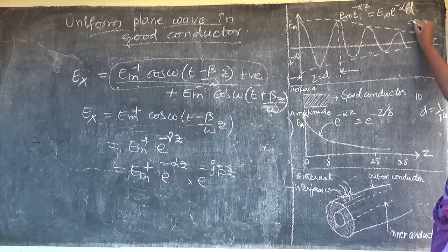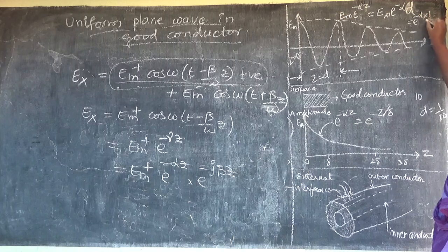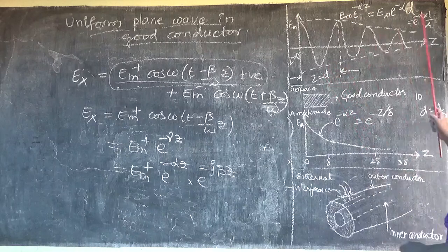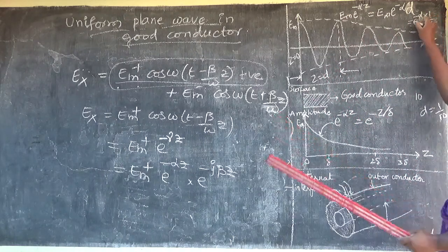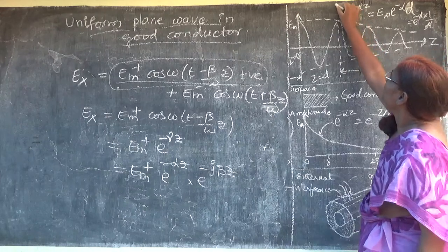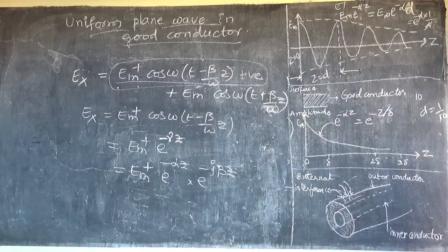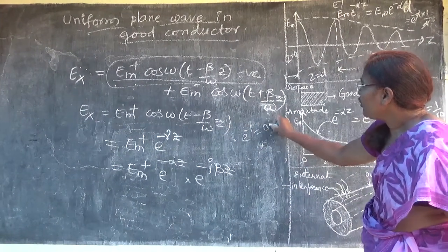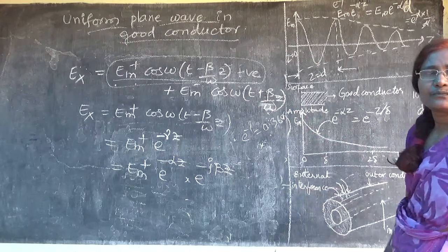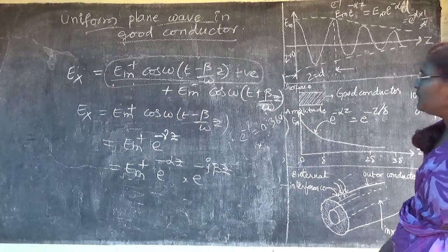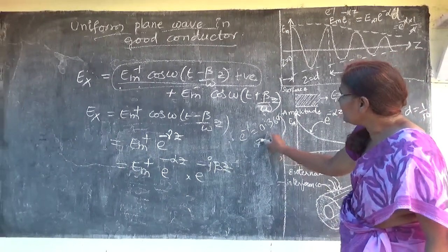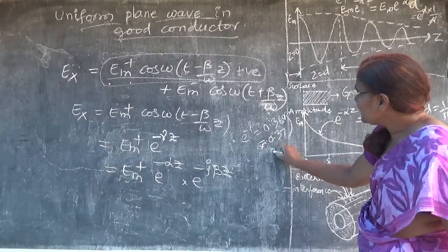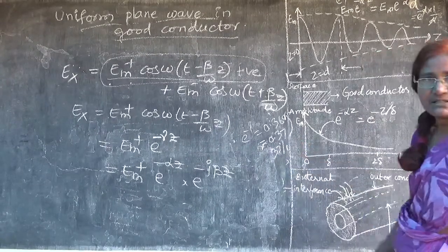This will be e to the power of minus alpha into 1 by alpha. So I will get the amplitude of the wave as e to the power of minus 1. What is e to the power of minus 1? Its value is 0.368, that is nothing but 0.37. If I convert it into percentage, it becomes 37%.